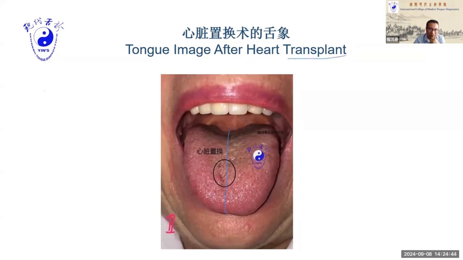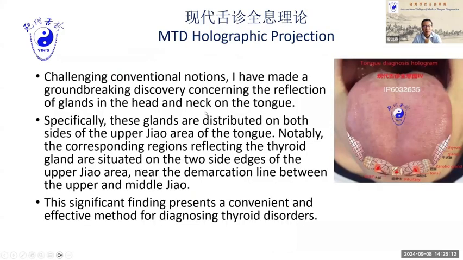So through this picture, I determined the heart position should be between the upper jaw and the middle jaw, at the middle line. So in this place, not in the tip.